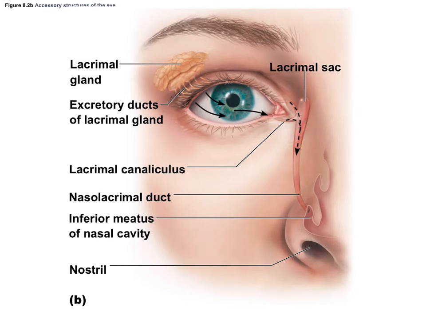There's a little lacrimal sac, which sits right in the lacrimal bone of the skull, and that duct comes down and eventually empties into the nasal cavity itself.